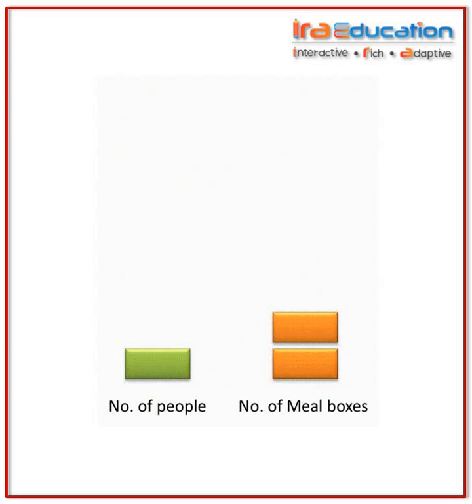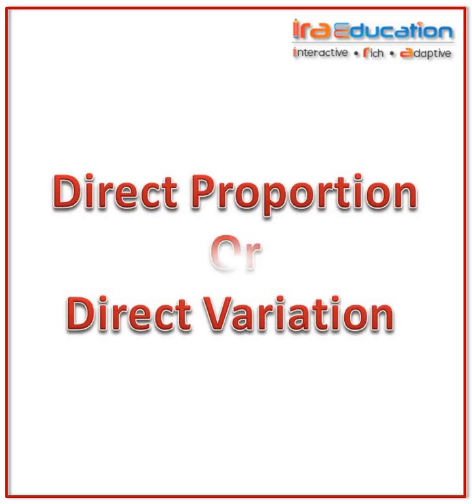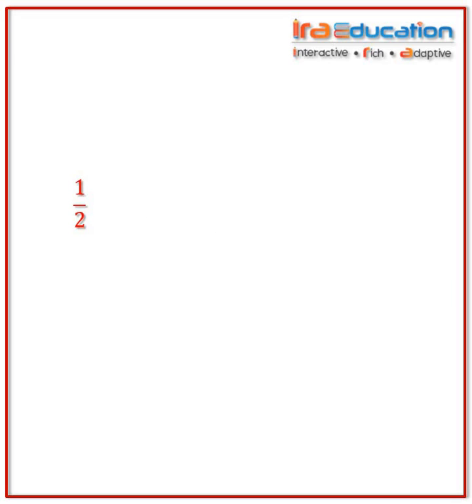As the number of people is increasing, the number of meal boxes too is increasing. So we say that these two quantities are in direct proportion or direct variation. Writing the number of guests and number of meal boxes in fraction form when there is 1 guest, and when there are 2 guests, and when we have 3 guests, and finally when we have 4 guests.